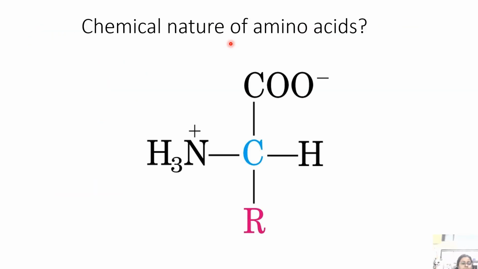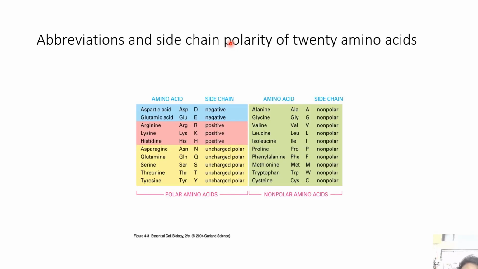Now we'll not go into the basic things. We all know the chemical nature of amino acids and what the groups in amino acids are. We know the abbreviations and the side chain polarity of the 20 amino acids, right?